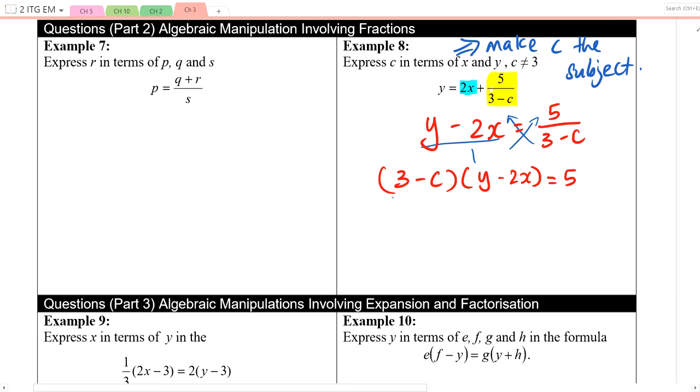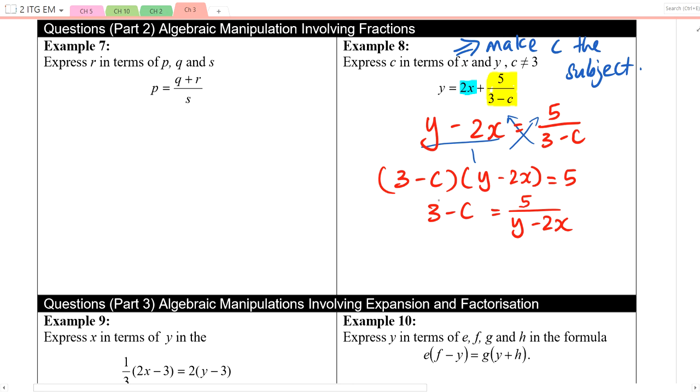So now I still want my c only, which means I should get rid of y minus 2x, and I do so by dividing both sides. So 3 minus c equals 5 over y minus 2x. And slowly we see that the 3 minus c is being isolated.